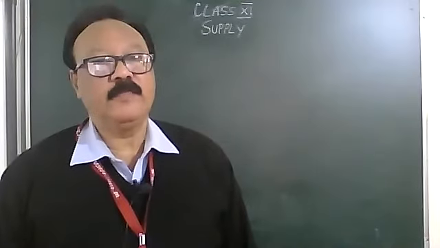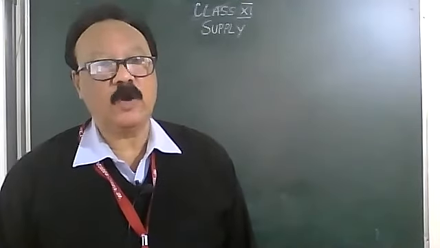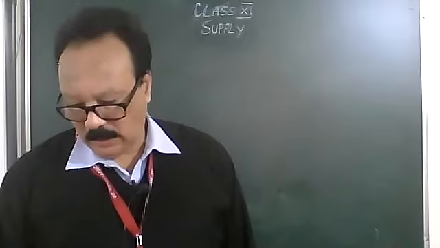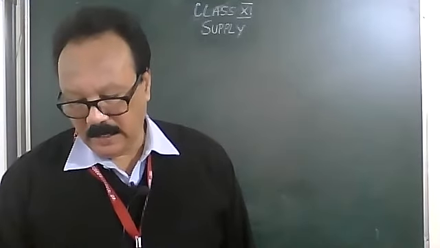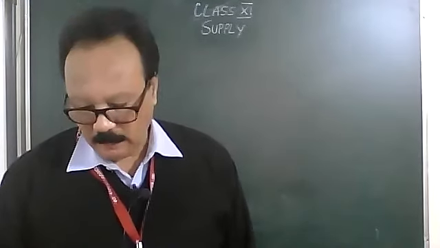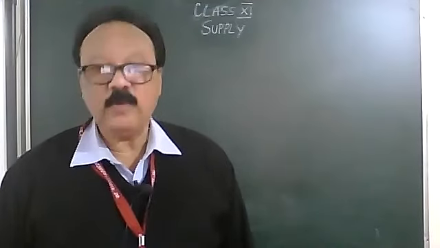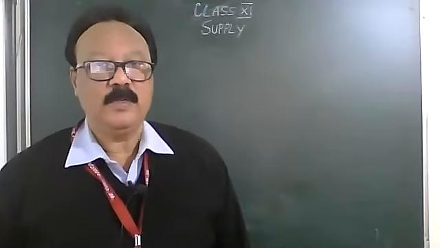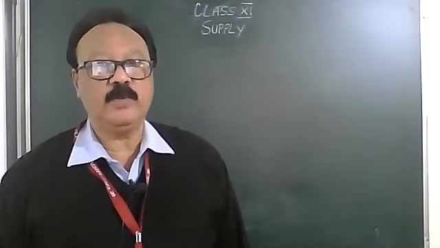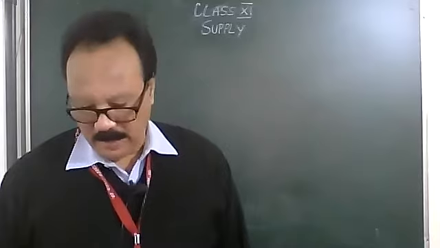So these are the two differences between stock and supply. Stock is available with the seller at a given point of time, whereas supply is stock which is offered for sale during a period of time. So this is the distinction between a stock and a supply.